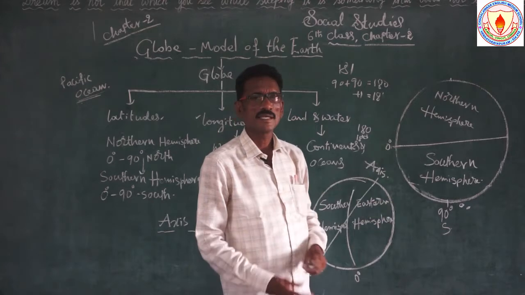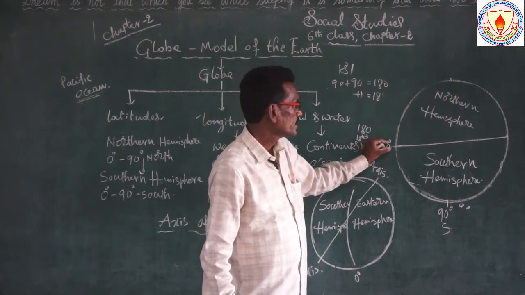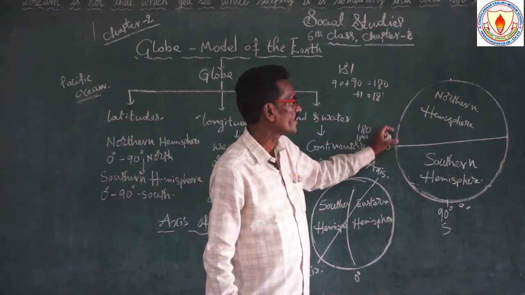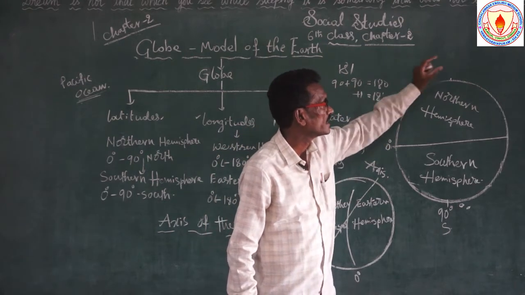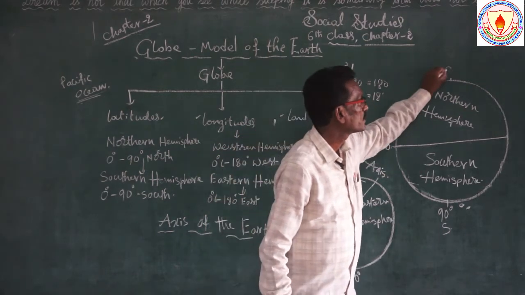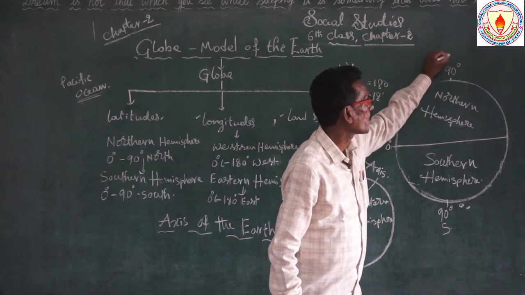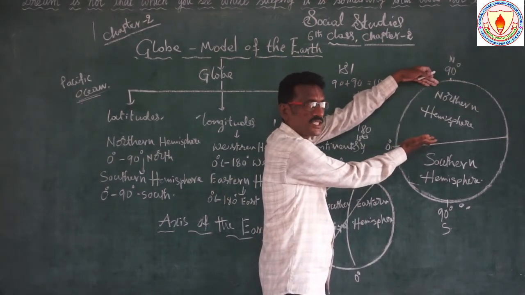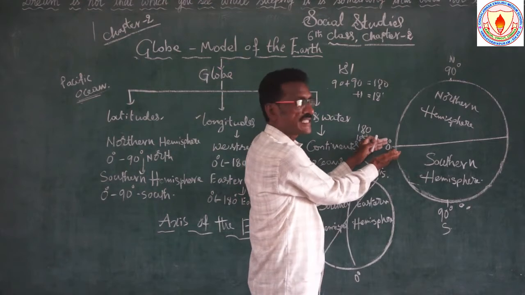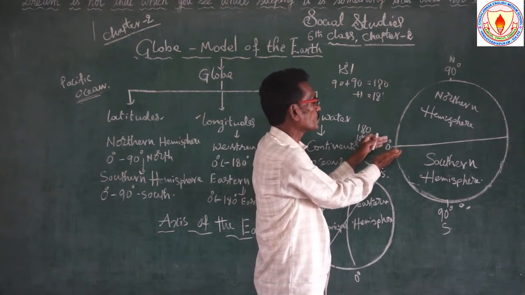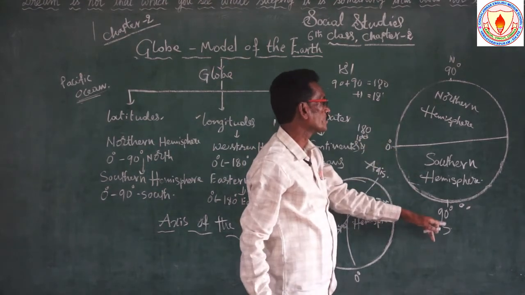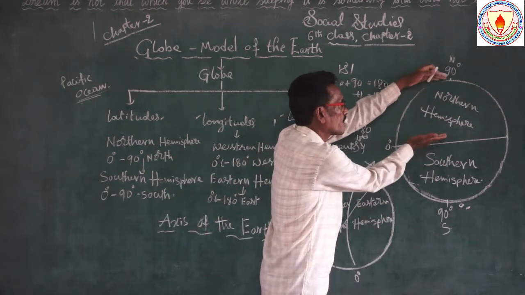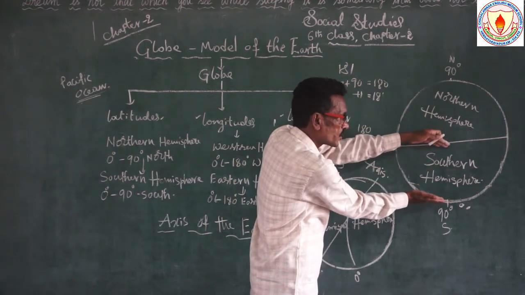Take the example: from 0 degrees, the equator, to 90 degrees, the North Pole, this part is called the northern hemisphere. From the 0 degrees equator to 90 degrees south, it is called the southern hemisphere. This is the north part and this is the south part.